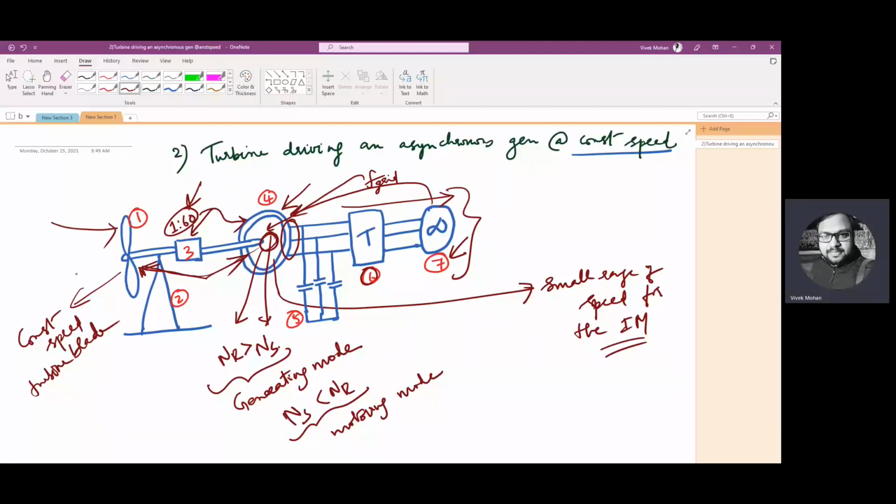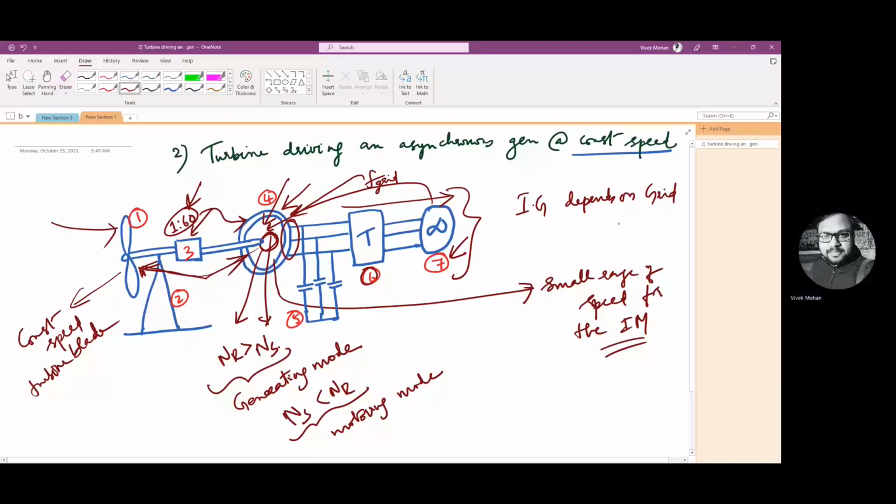Now, the reactive power absorbed by the generator: to produce magnetic flux, the induction generator depends on the grid supply, right? So essentially it should extract reactive power from the grid, Q grid would supply the machine.